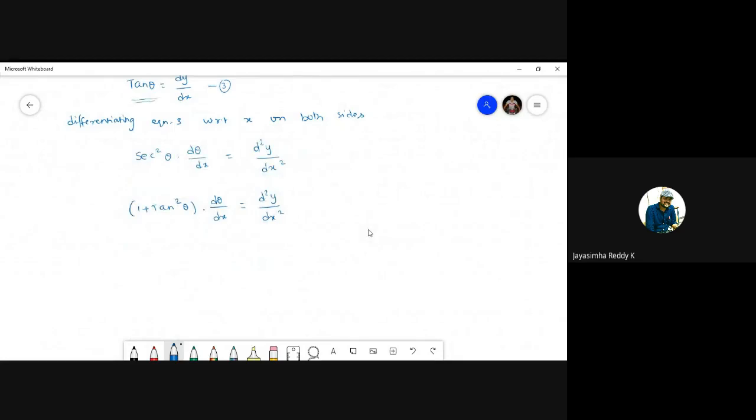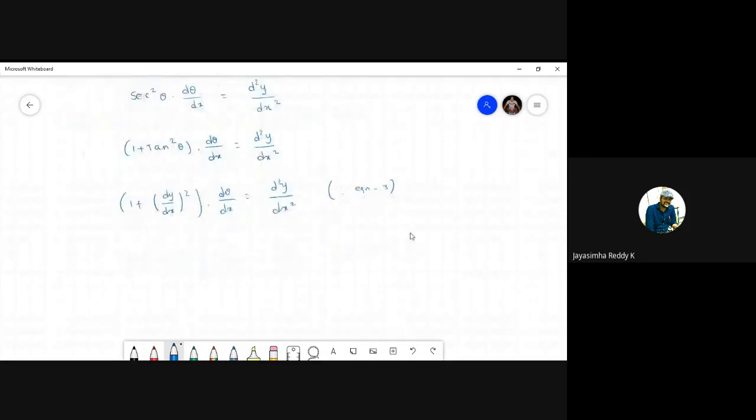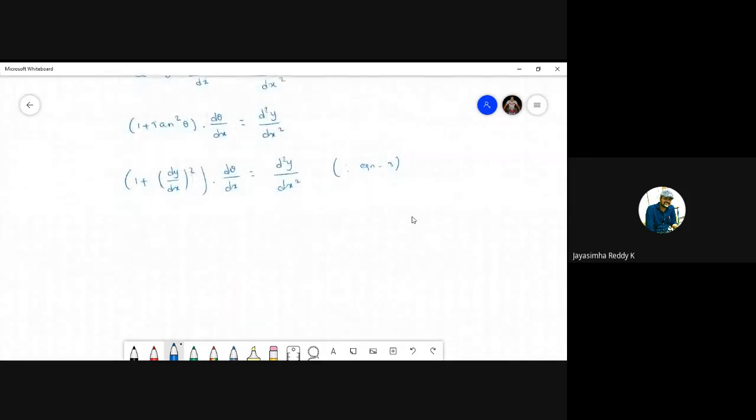So if you substitute this, 1 plus dy by dx whole square into d theta by dx is equals to d square y by dx square. Okay, based on equation number 3, I have just substituted tan theta as dy by dx. Now let us also simplify this, and let us go to our solution.